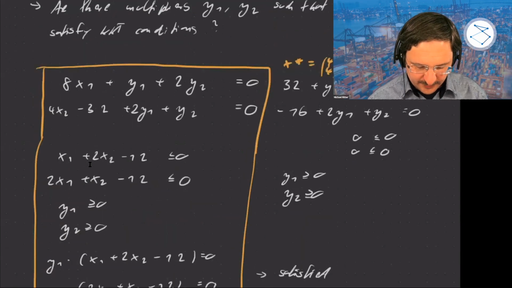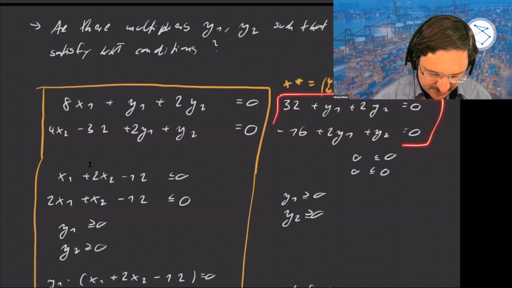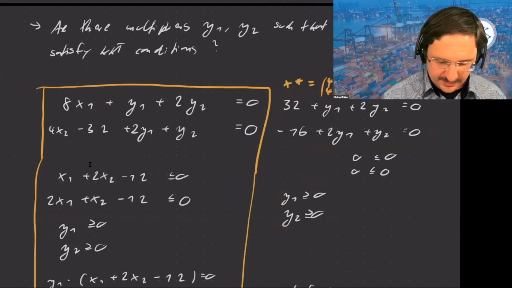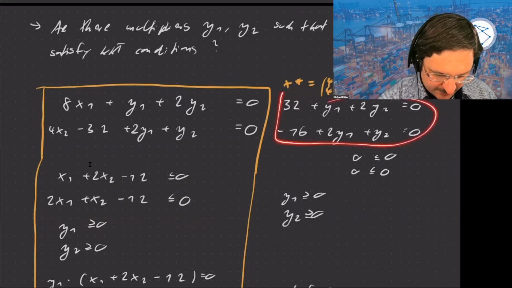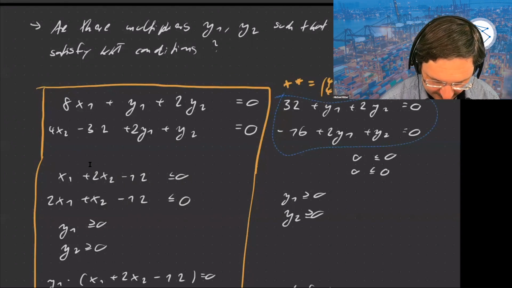So that leaves us with these two equations and these two inequalities. And from the two equations here, we should be able to solve for possible values of y. So let's try that.